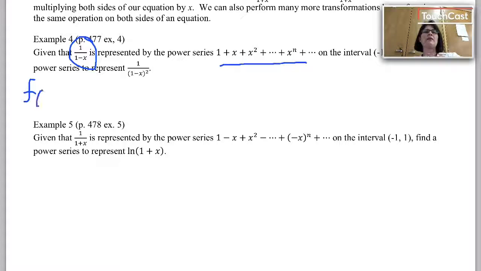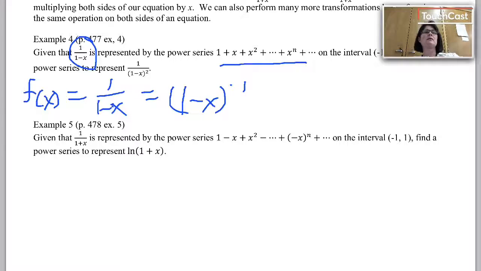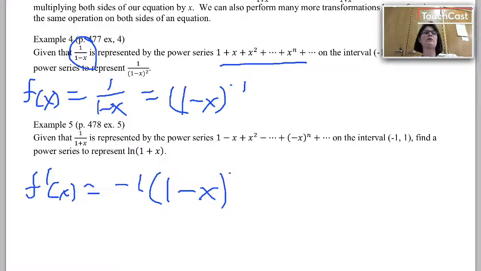If I had f of x equaled 1 over 1 minus x, if I knew I was going to take the derivative, I might write that as 1 minus x to the negative 1. So f prime of x is going to be negative 1 times 1 minus x to a new exponent of negative 2, times the derivative of the inside, and that derivative is that negative 1.